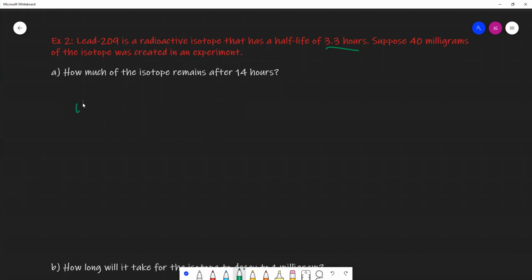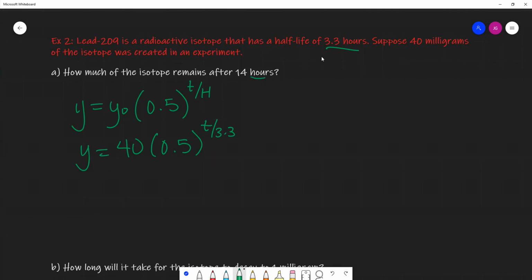So let's find our model first. Okay, we're using the half-life model, so y equals y naught times 0.5 to the t over h power. Okay, our initial amount is 40 milligrams times 0.5 to the t over 3.3, since that's our half-life.